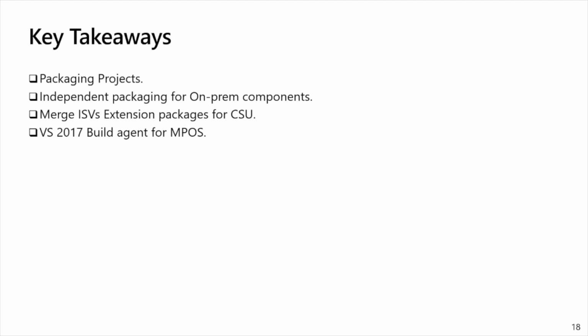For the Cloud Commerce Scale Unit today, we went through the steps to merge the packages as a part of the build. This is a shorter term solution to streamline that process while we're working on the longer term solution to support multiple extension package deployments in the cloud.